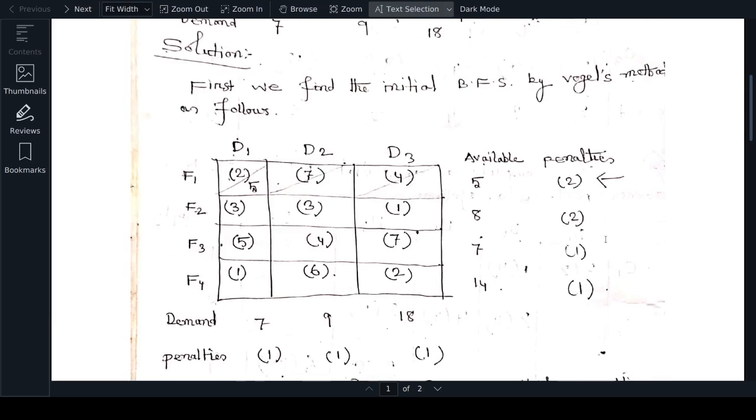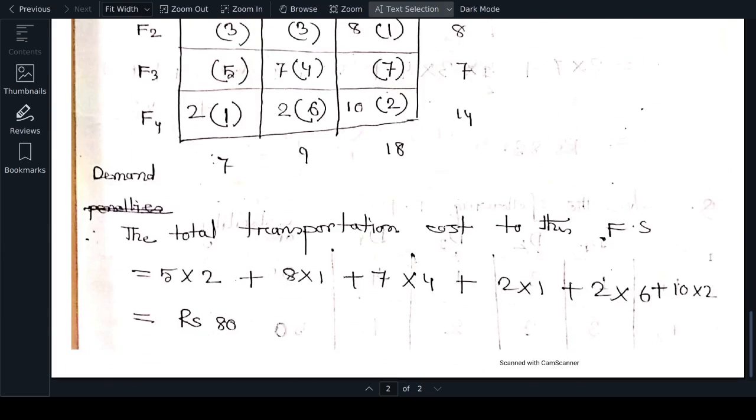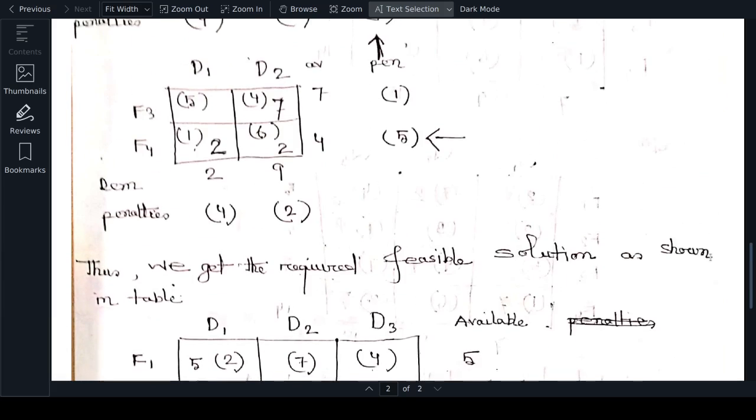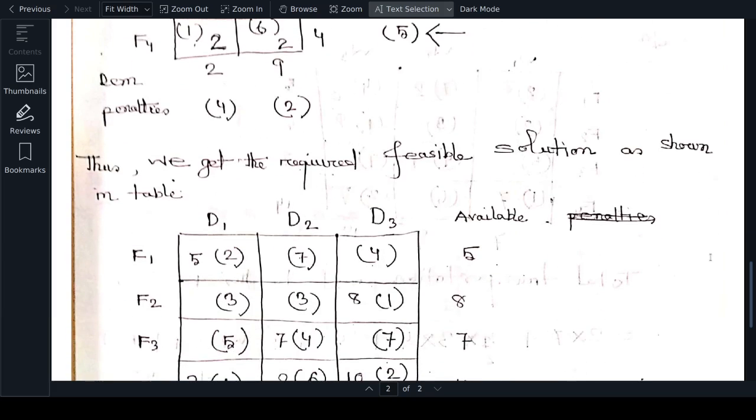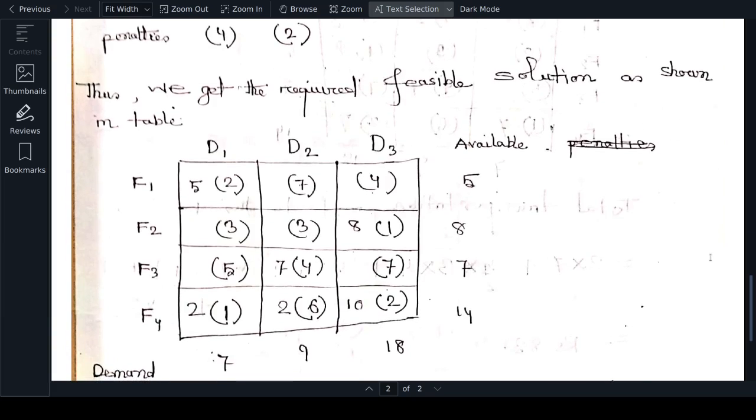When we give 2, then the D1 column is completed, exhausted. Meaning D2 remains. In D2, how to fill up? Availability is 7 and 4. So in F4, 2 is already allocated, out of 4. So next in cost 6, how much can we give? 2, because 2 plus 2 is 4.